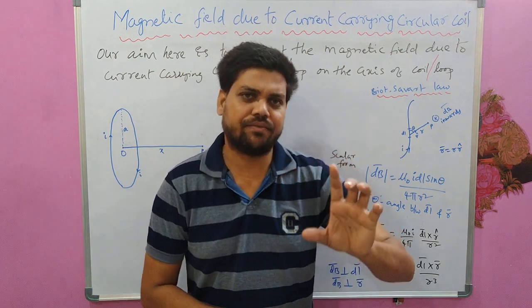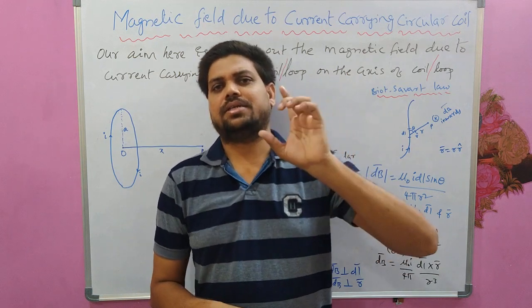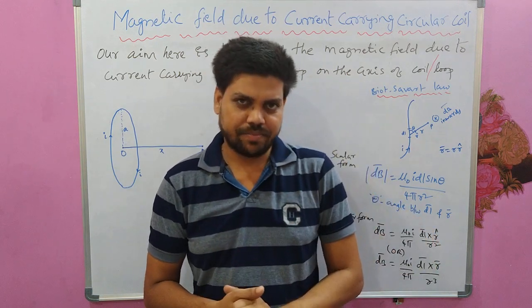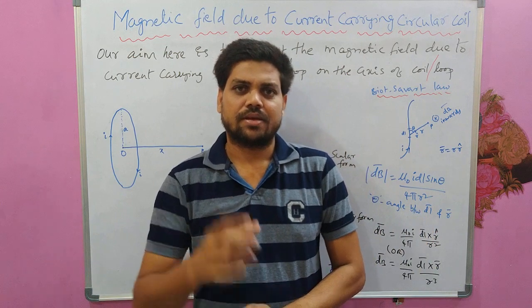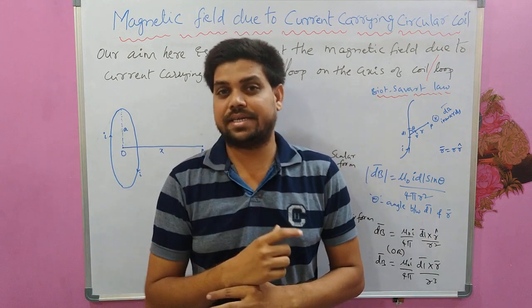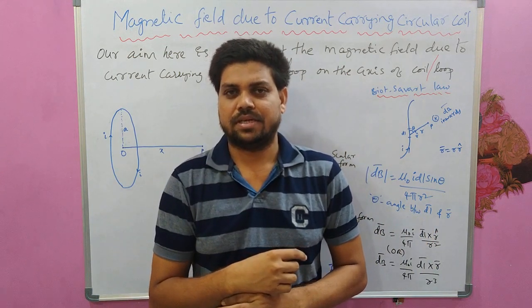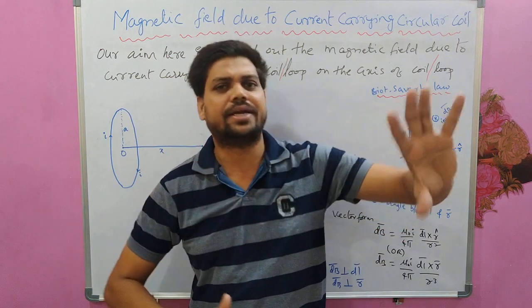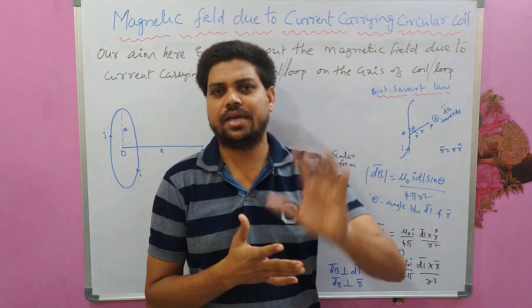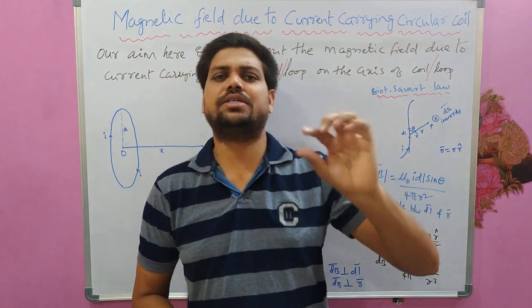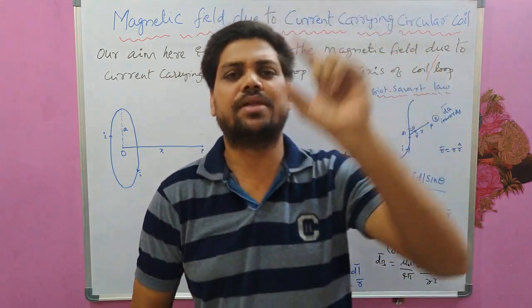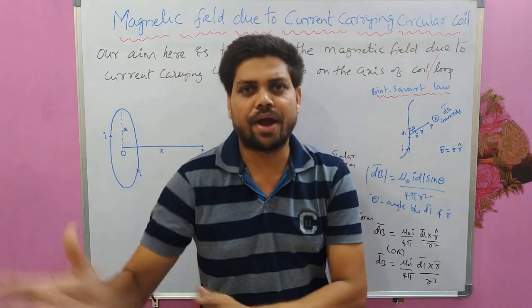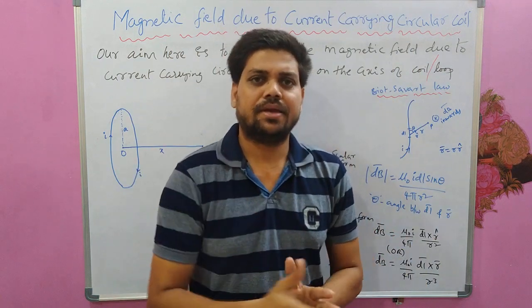Remember, the magnetic field nearby a current carrying wire due to a small element in it. It does not give you the value of the magnetic field due to the entire current carrying wire. It gives you the magnetic field due to a small current element from that wire at a point P nearby it.